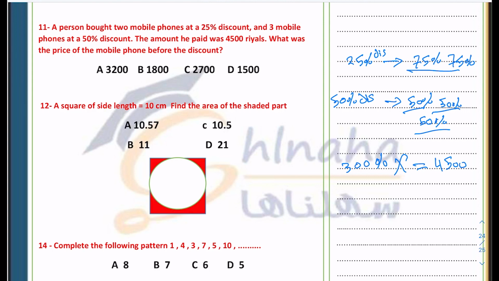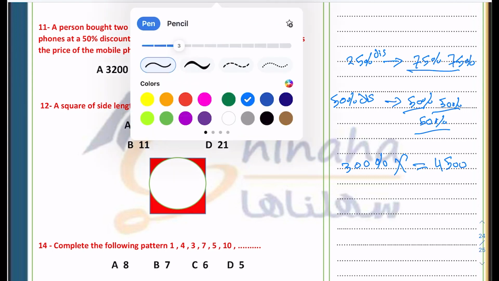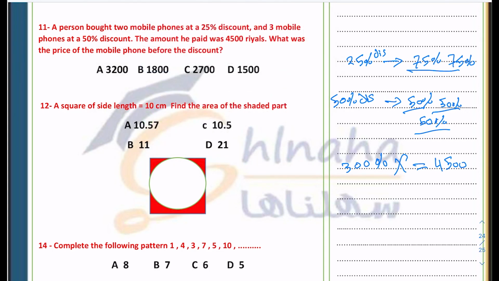4,500 riyals. By the way, to solve this equation, I have to write the percent. What is the meaning of percent? Over 100. And I told you, if you have a fraction, take the fraction to the other side by reciprocal. Cancel 2 zeros and 2 zeros. 45 divided by 3 will be 15.